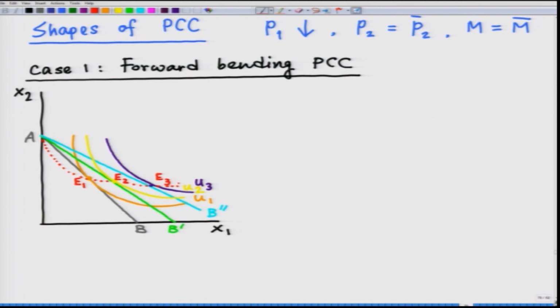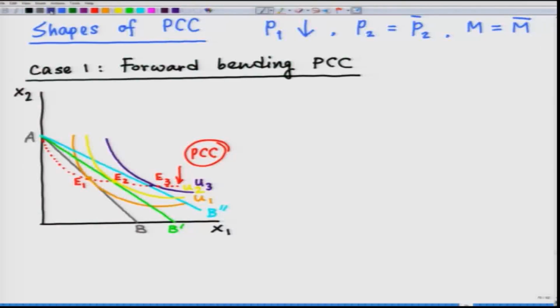So, if we get a price consumption curve like that, then this price consumption curve is downward sloping and it is forward bending. Now, let us see under what circumstances this will be the case.